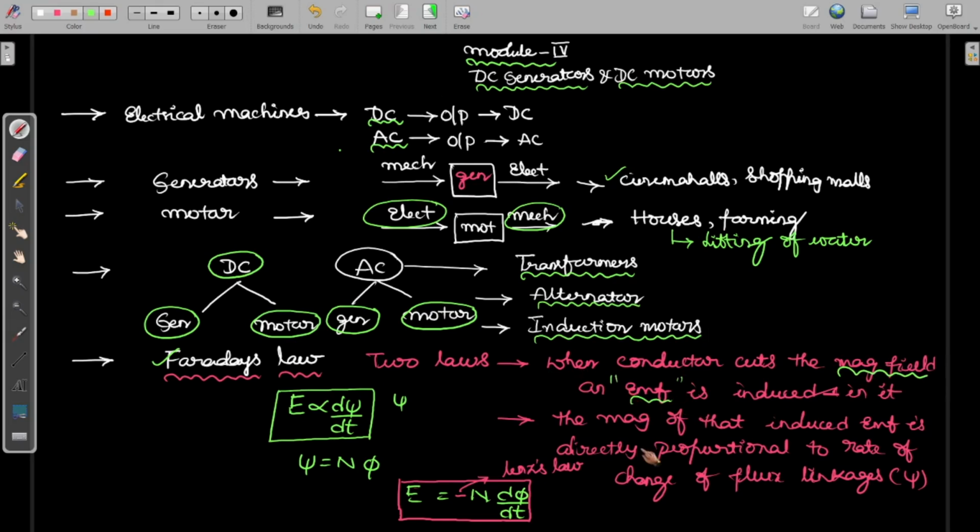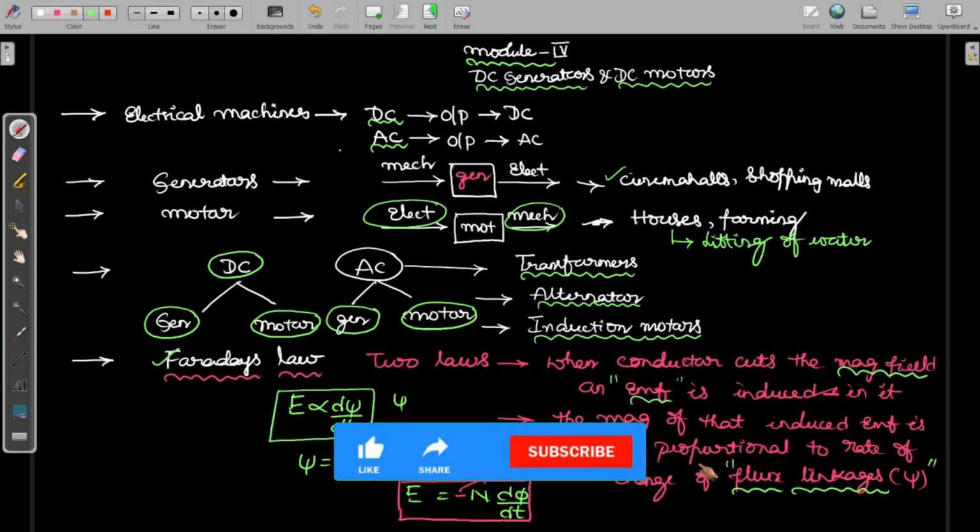Second, the magnitude of that induced EMF is directly proportional to the rate of change of flux linkages.